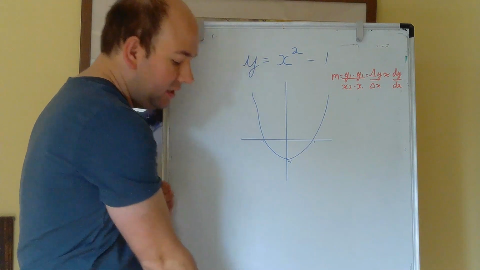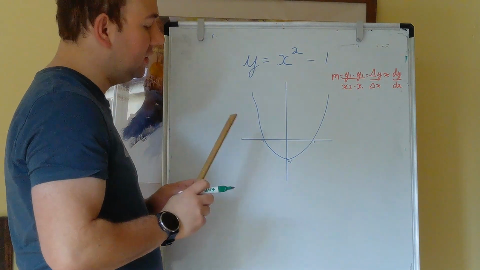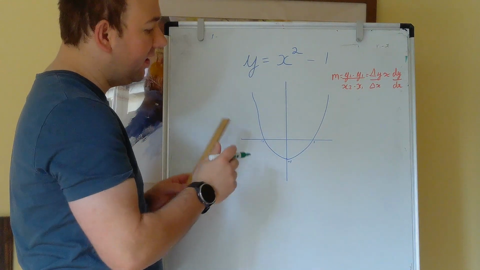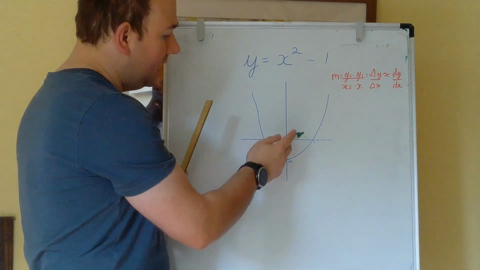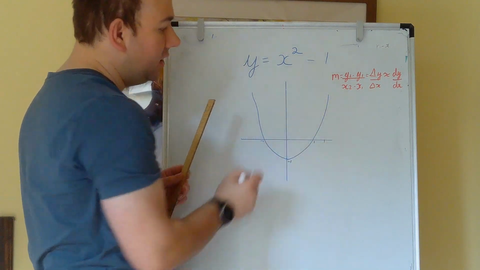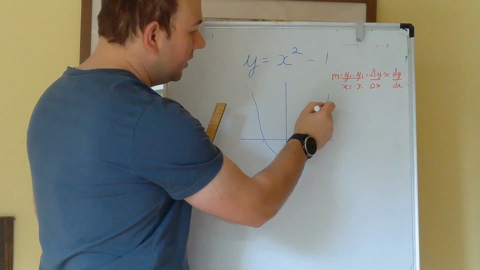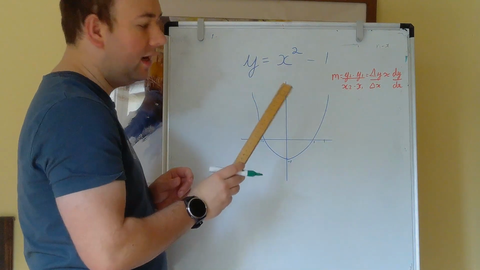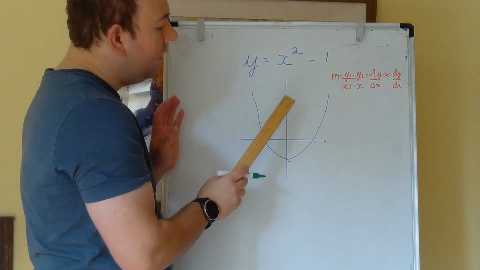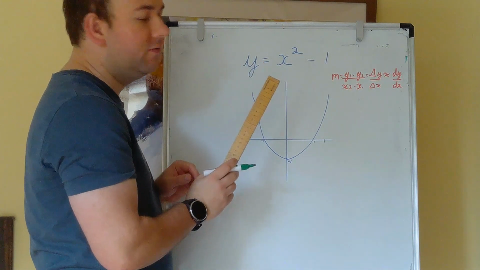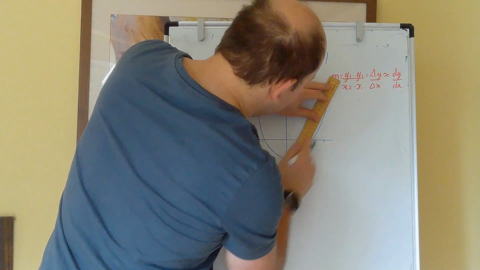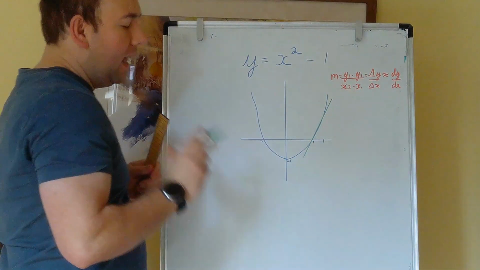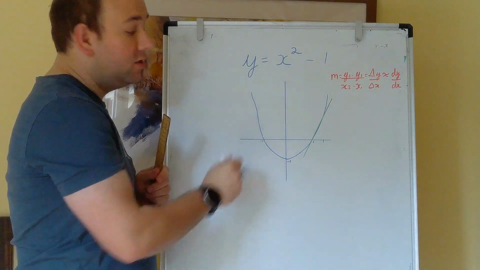The way they teach you to do it in GCSE is to draw a tangent at a point. You find the point where you want to find the gradient. Let's say it's this point here. You go up to the graph, and you draw a straight line, or tangent, which just brushes the graph at that point. Then you find the gradient.